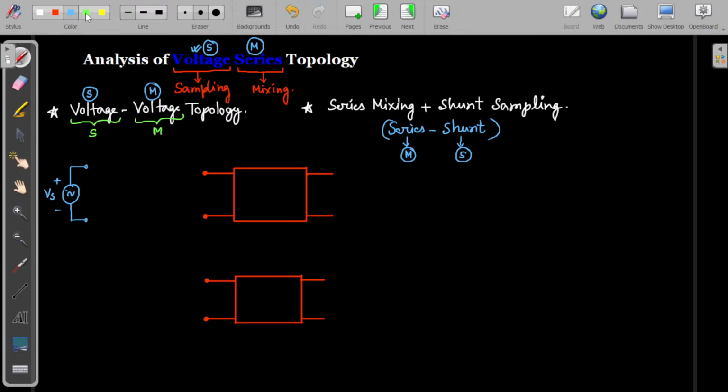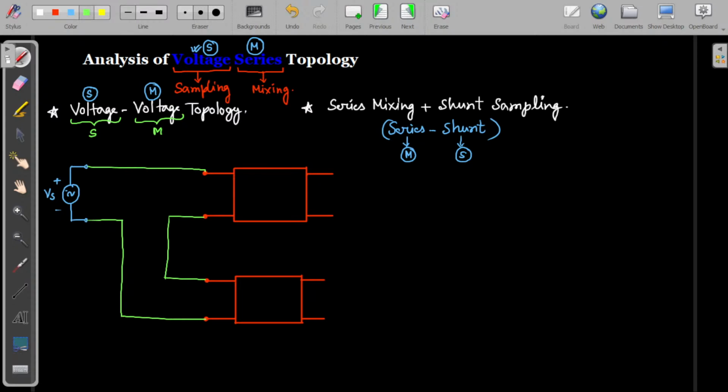So the connection will be like this, like this series connection. We have already learned this. So this is the series connection, you can see series mixing.